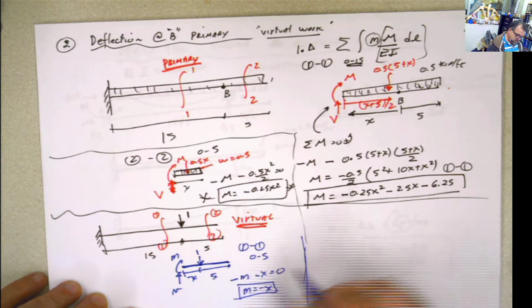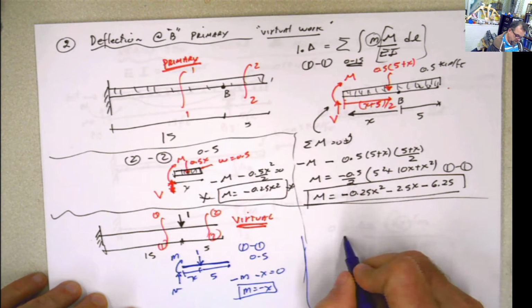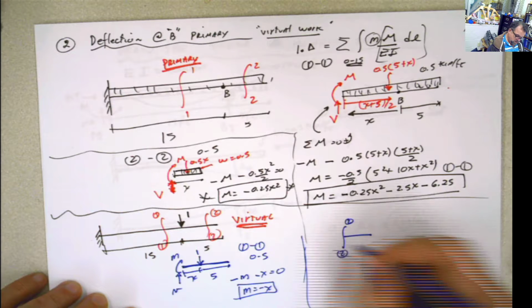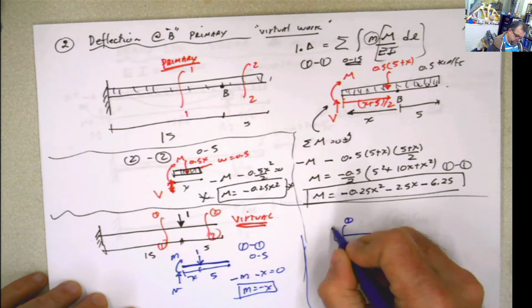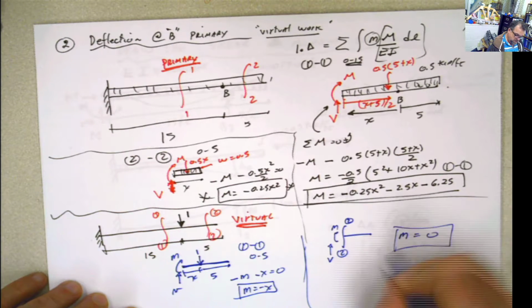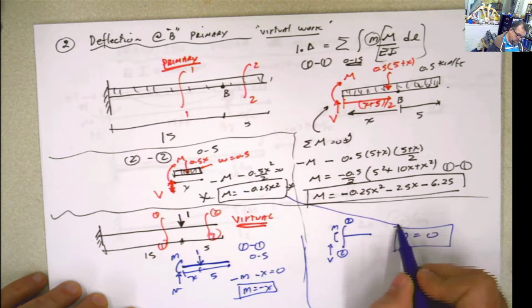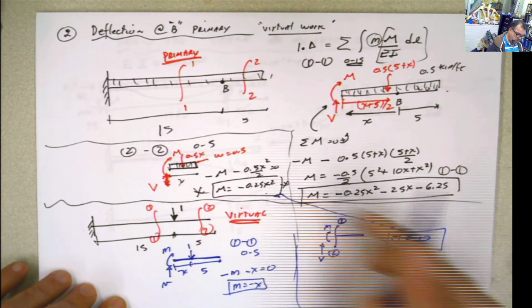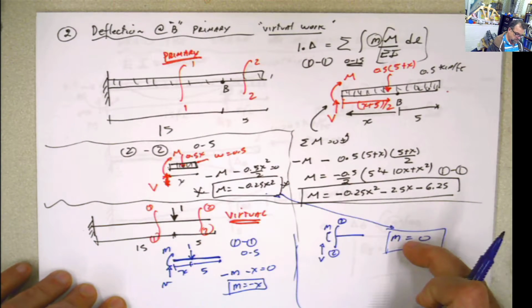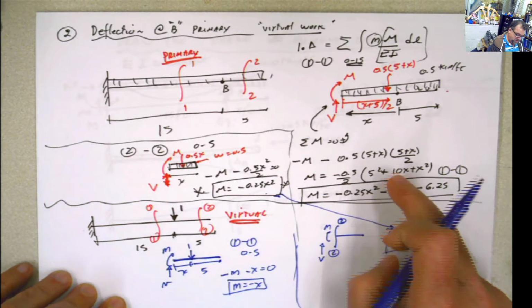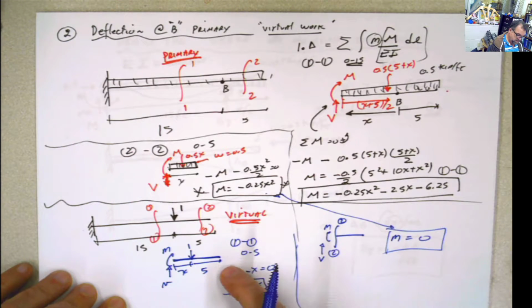And for section 2, 2, what I have is this. Nothing. M, V. So M equals 0. And that's what I said, that I wasted my time when I did that, because now that I multiply these two, I'm not going to use this for anything. I only needed this section 1, 1 to define everything.